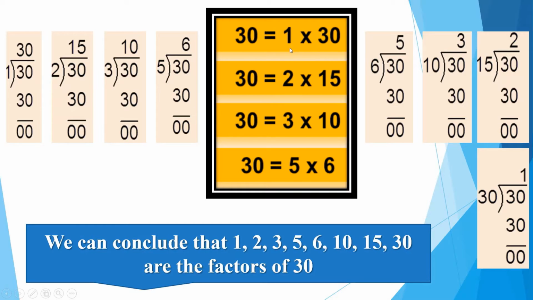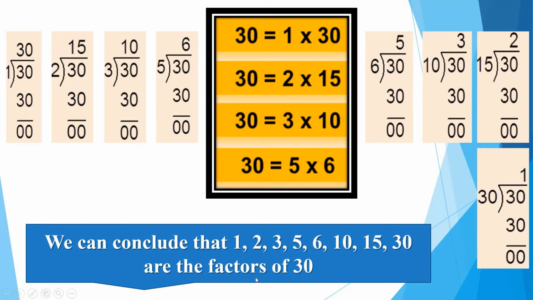Now try dividing 30 by 1, 2, 3, 5, 6, 10, 15 and 30. Every time you will get the remainder as 0. Hence, it can be concluded from this arrangement that 1, 2, 3, 5, 6, 10, 15 and 30 are the factors of 30. Now, what does this word factor really mean?